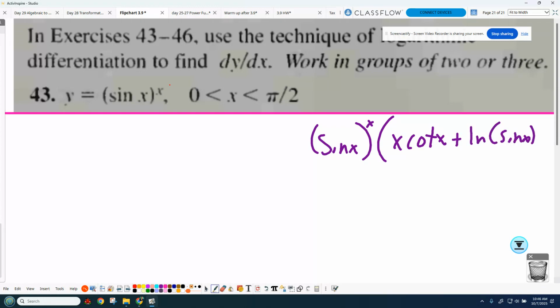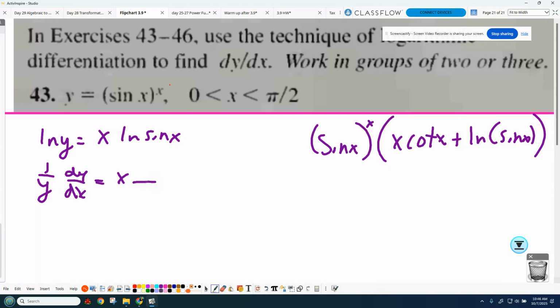So this is what these guys say. I saw different answers. That's actually, I mean, the same thing. It just didn't simplify all the way. I saw some different ways of writing the trig functions, which doesn't mean it's wrong. It could just be different. So 1 over y dy dx.